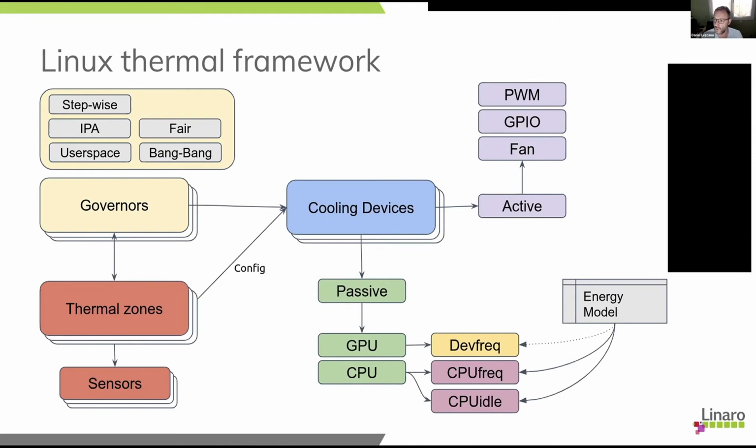It increases the cooling effect, acting on the cooling device and asking for more cooling effect, or it detects that the temperature trend is decreasing, and then it asks the cooling device to reduce the cooling effect. There is no communication between the different thermal zones. There is no communication between the different governors. There is no communication between the different cooling devices. They are not aware of what's happening in the different places.